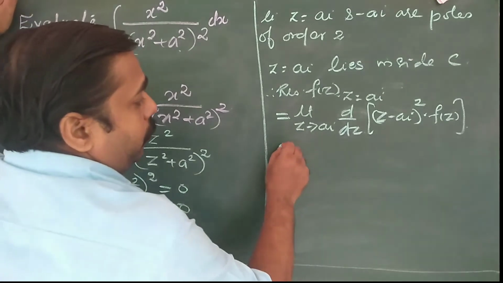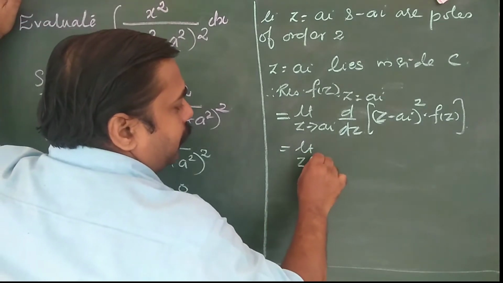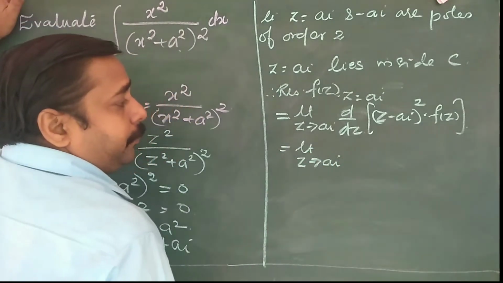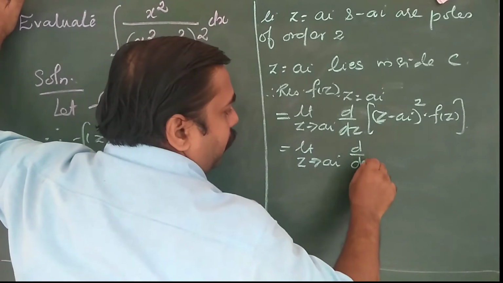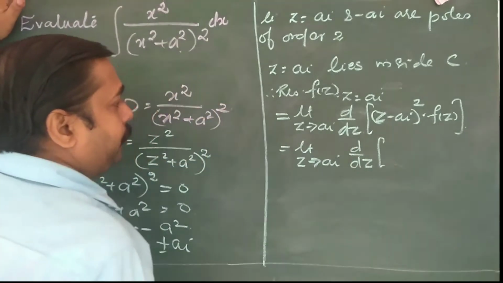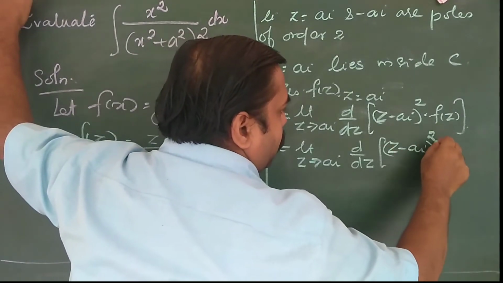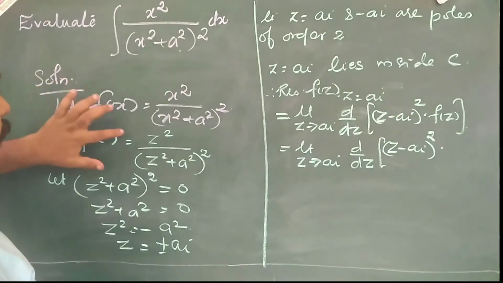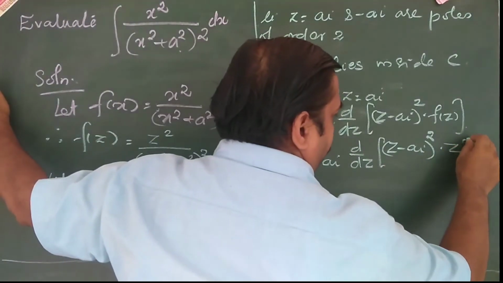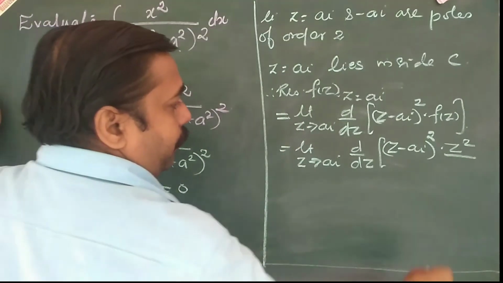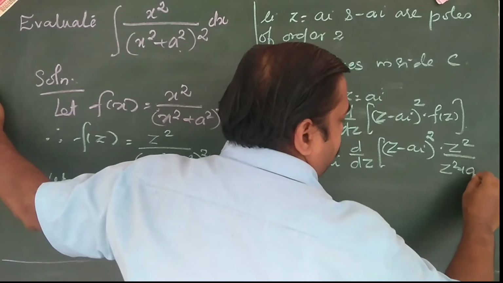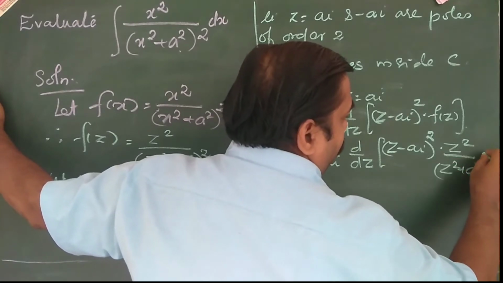So that is limit z tends to ai d by dz of (z minus ai) the whole square into, what is f of z, this one, z square by (z square plus a square) the whole square.